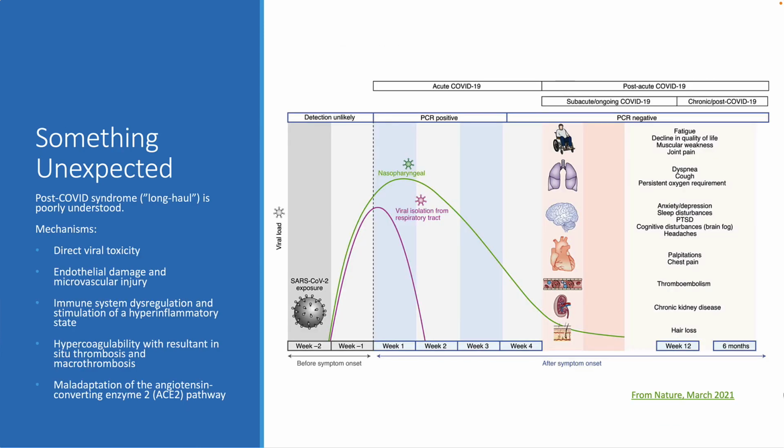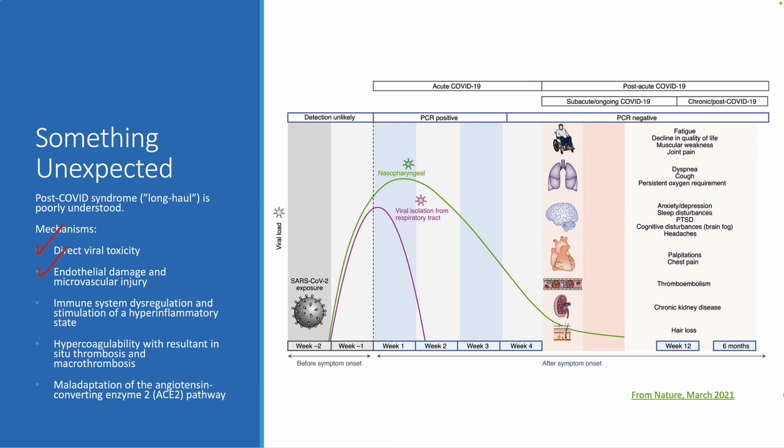Now, what has been unexpected is the development of this long haul phenomenon. This post-COVID syndrome has several different mechanisms that we're concerned about. It may be, and we don't really understand it well yet, but it may be that there's direct viral toxicity that's responsible for it. There may be endothelial damage and microvascular injury that are still persistent after a period of time.